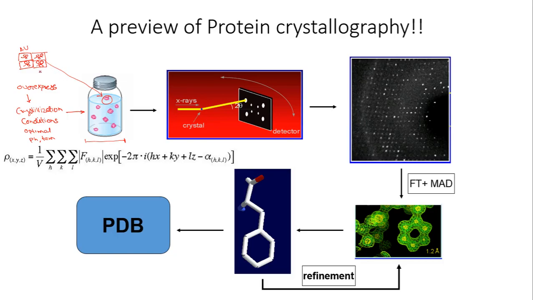Okay, so this is what happens in your crystals. The protein molecules get arranged one upon another to form a crystal of the given protein. Once you obtain the crystal, you mount that crystal on your X-ray crystallography machine.